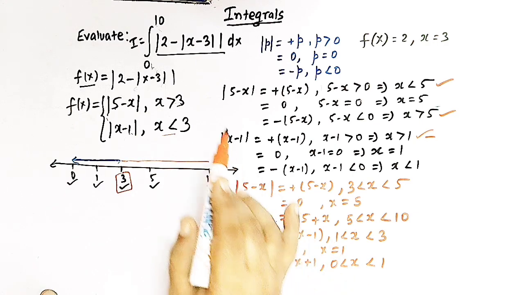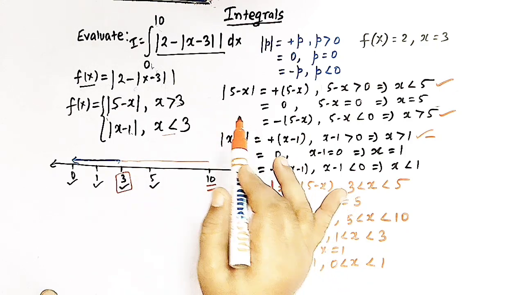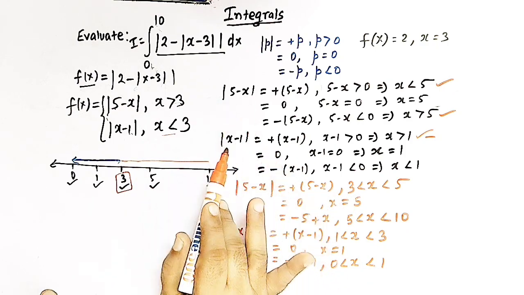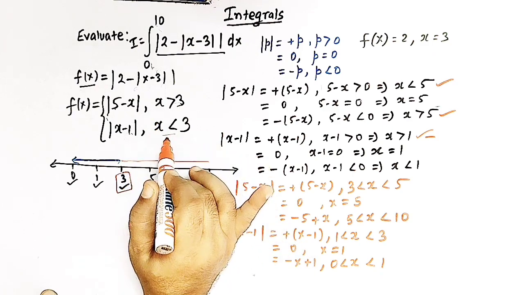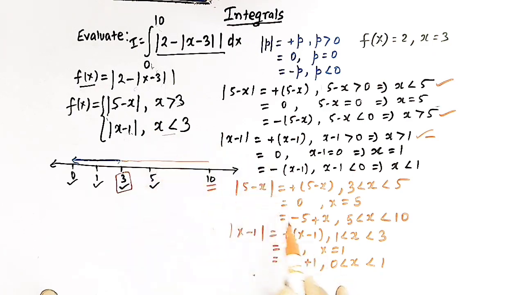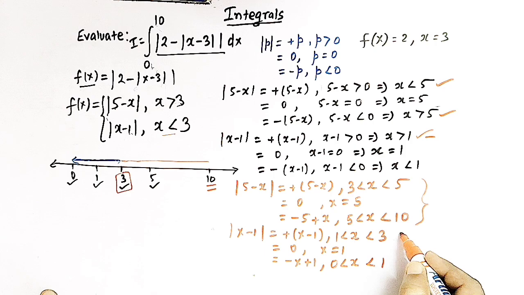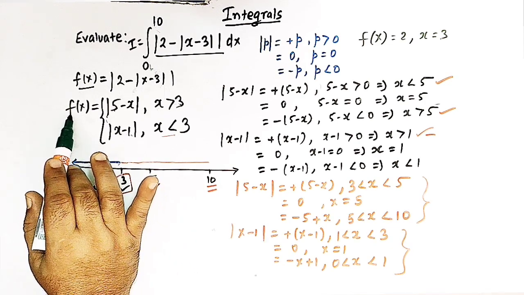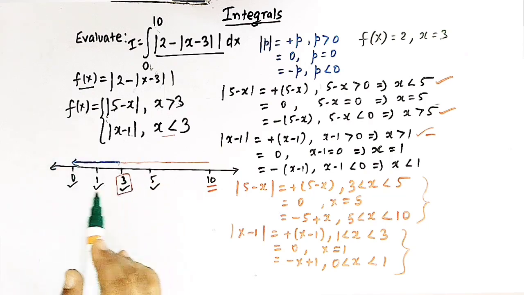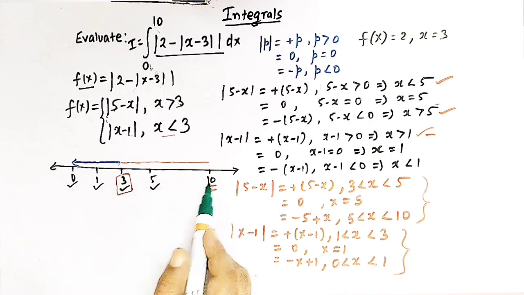So now the refined form of mod of 5 minus x and mod of x minus 1, due to these two inequalities, we have this form. So now we are in a position to redefine this function f of x in these intervals, right?